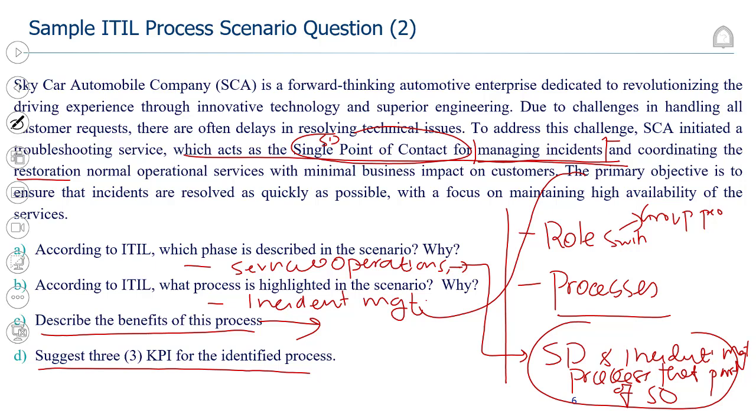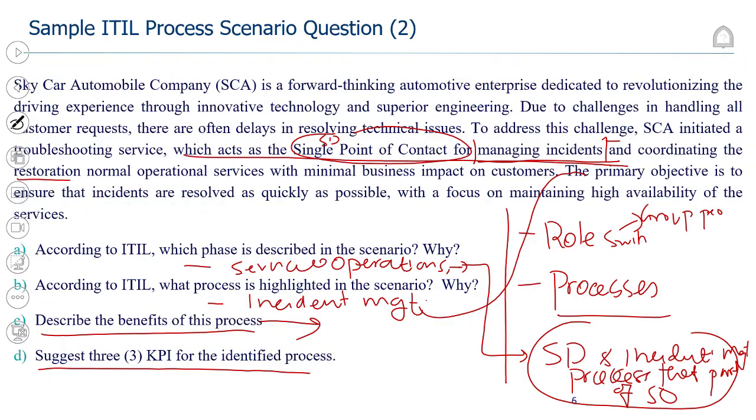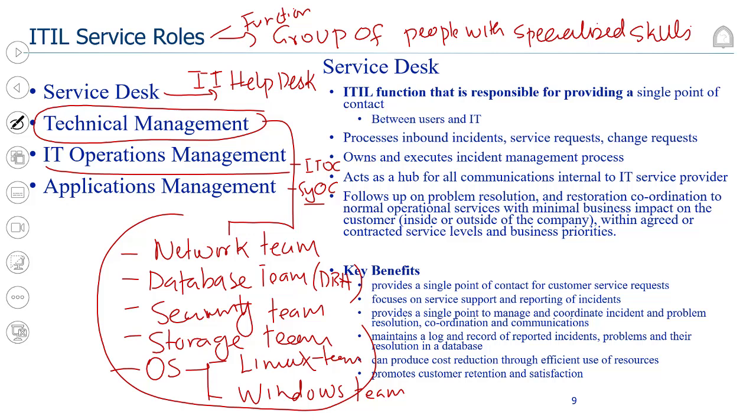My main one is to help you with finding out how you can find out from the case study which phase it is, and which particular process it is, okay? So you need to know the phase and the process. And I've actually done my best to summarize that in this particular slide here.